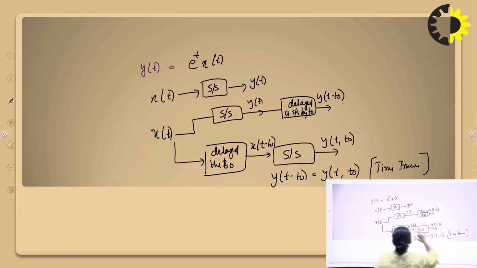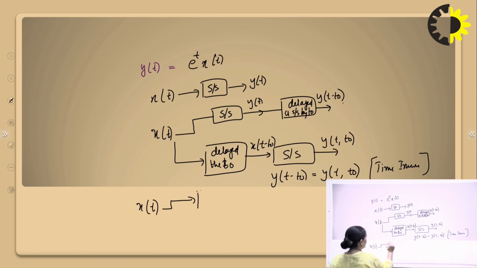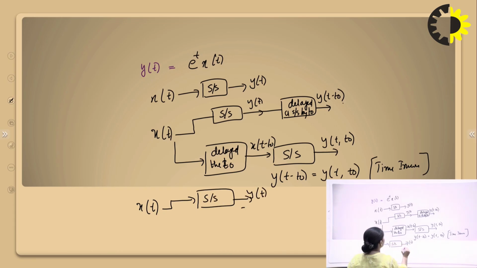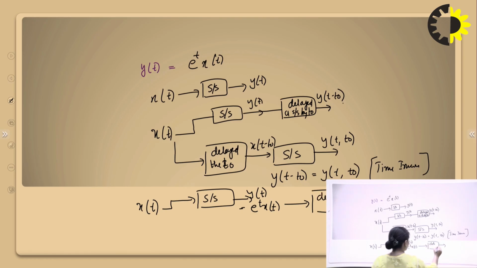Okay, for example, in this system, suppose I have given x(t) to a system, we got y(t), and y(t) is e to the power t into x(t), okay. Then we give the delay, so y of (t minus t naught) equals e to the power t into x of (t minus t naught).